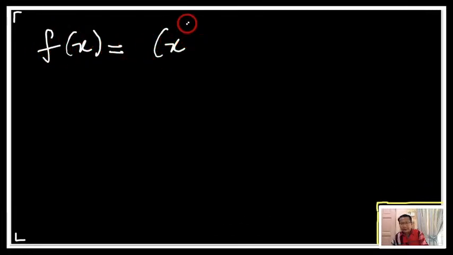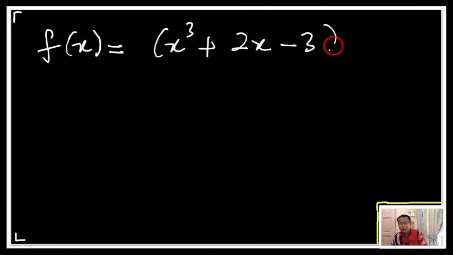Another example, f(x) equal to (x cubed + 2x - 3) to the power minus 1. Usually you have 1 over, so I simplify this so that you get minus 1.